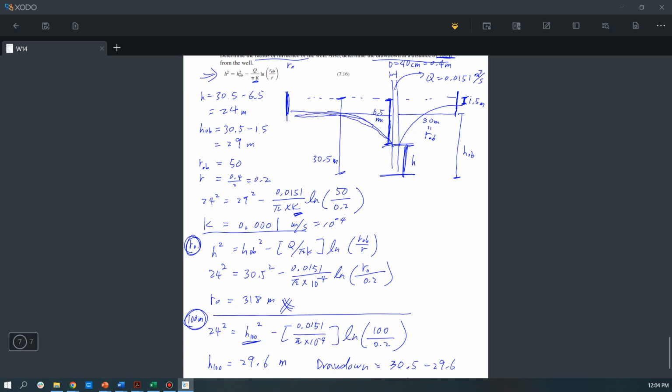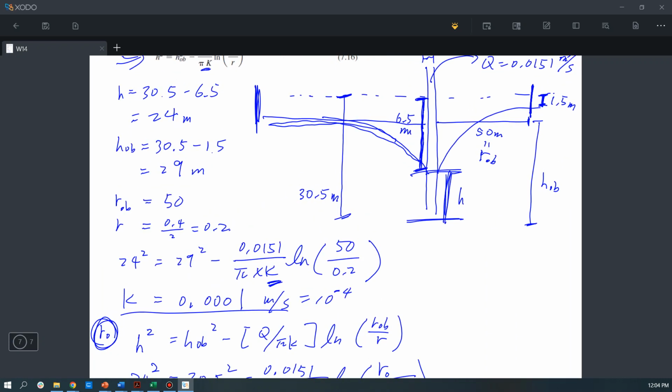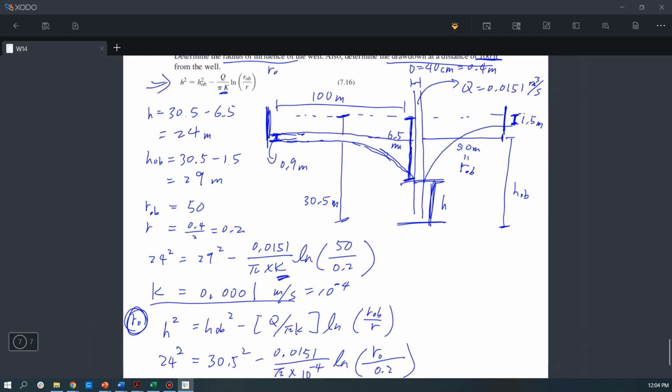Okay, I know this is a really bad drawing, but the drawdown at this place is 0.9 meter. Distance is 100 meter.